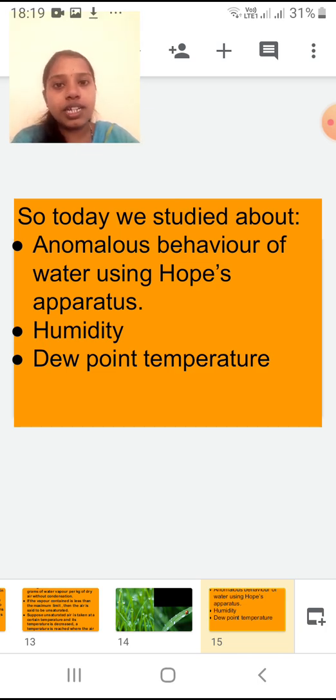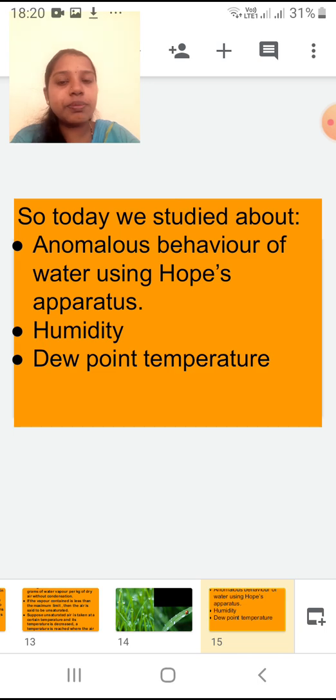Saturated air has the maximum limit of water vapor present in the air at a given temperature. Unsaturated air contains vapor less than the maximum limit at a certain temperature.